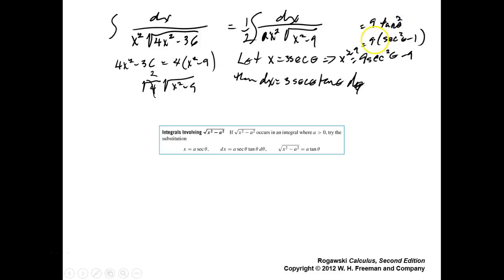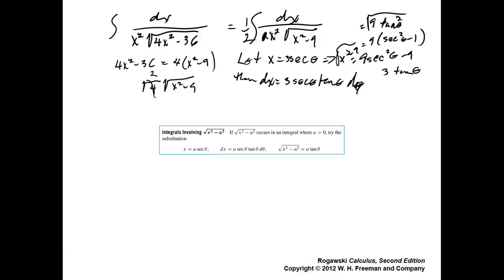And the square root of all that would be 3 tangent theta. All right, and the book did it already. I just like to think through it to make sure I'm doing it right. You can jump right to there if you remember it. That's what they got, 3 times the tangent theta.